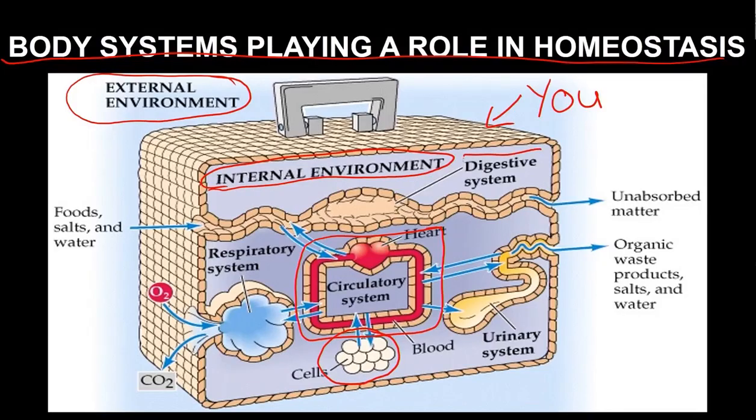First of all, there is the digestive system. The digestive system takes in food, the food moves along, the food gets digested, the unabsorbed substances get passed out, and the useful substances then go into the blood. And what do we mean by useful substances? The broken down food, glucose, amino acids, etc. So the digestive system provides the blood with food.